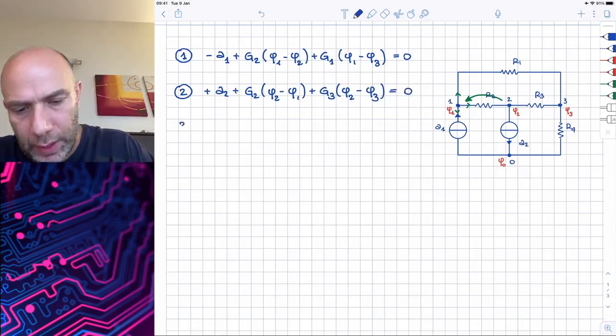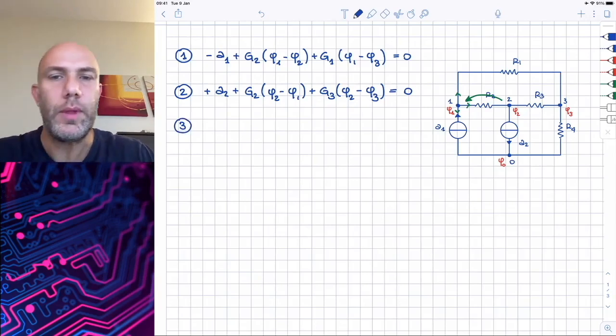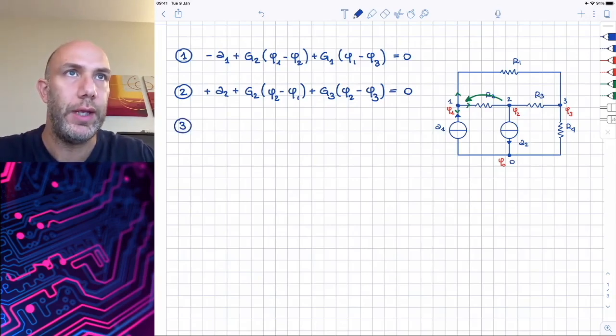Finally, we have the equation at the node 3.